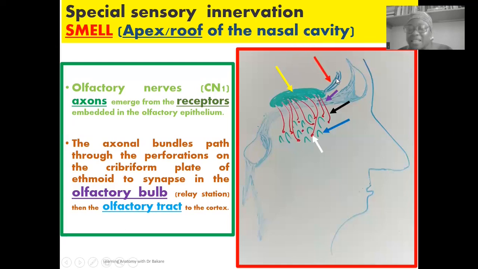So this is the olfactory tract. This is the tract that will now be taking special sensory information to the olfactory cortex. And this is where the interpretation of these impulses will be done. So this is how the special sensory innervation of the nasal cavity is generated. And you can see that it is the olfactory nerve that is responsible for the transmission of these impulses.